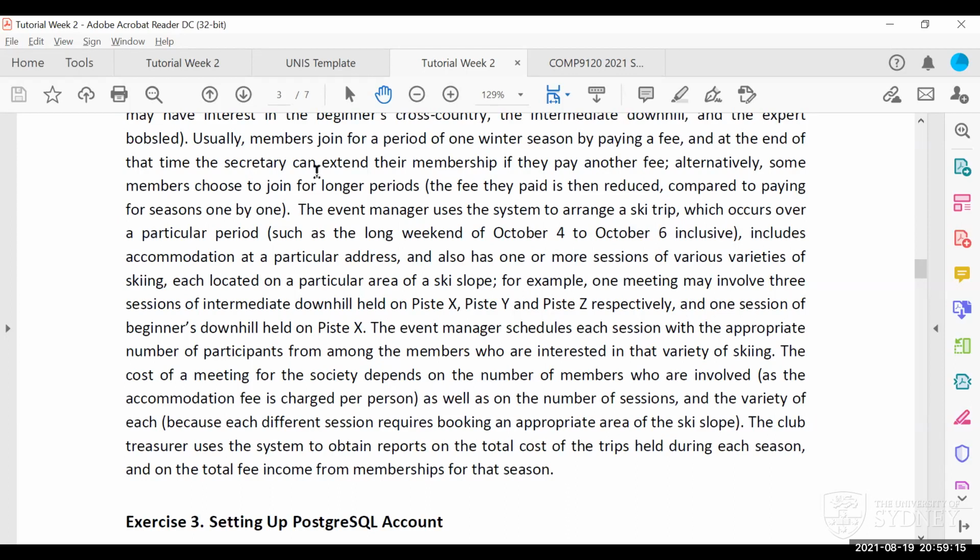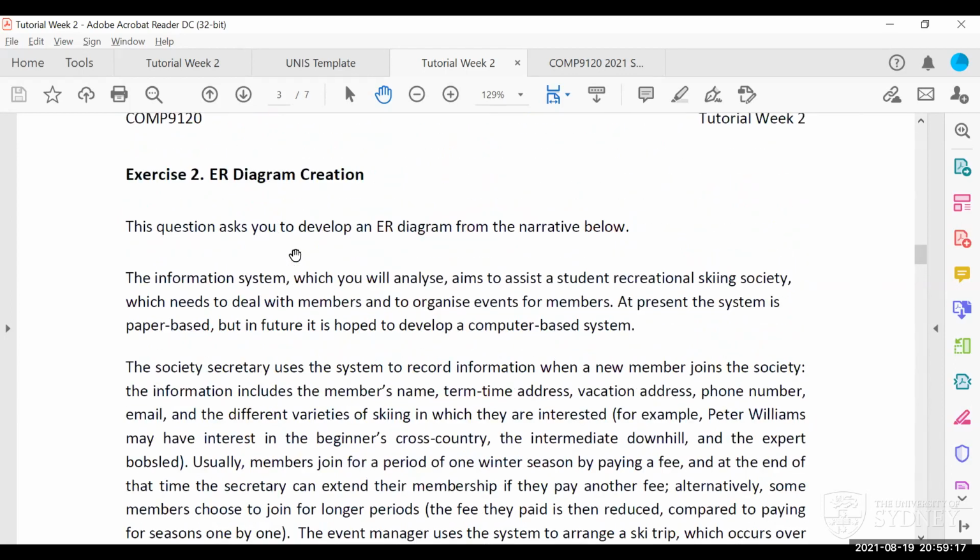Any questions about ER diagram creation? I know I'm going a bit fast because we have a few minutes left, and we need to probably try exercise 3 as well, because I want to make sure that all of you can access the school PostgreSQL database server.